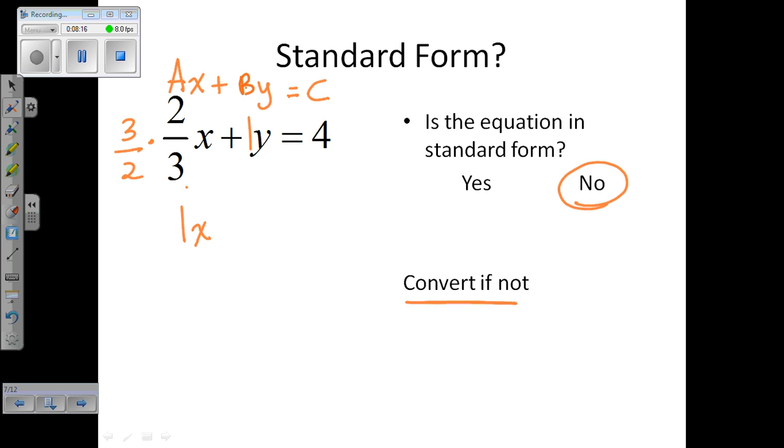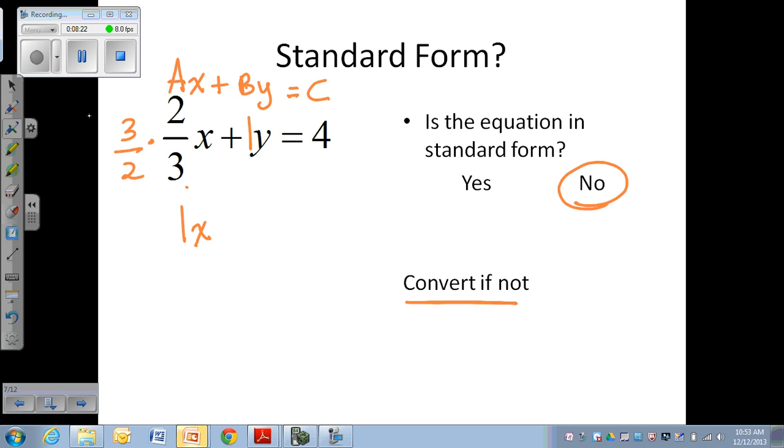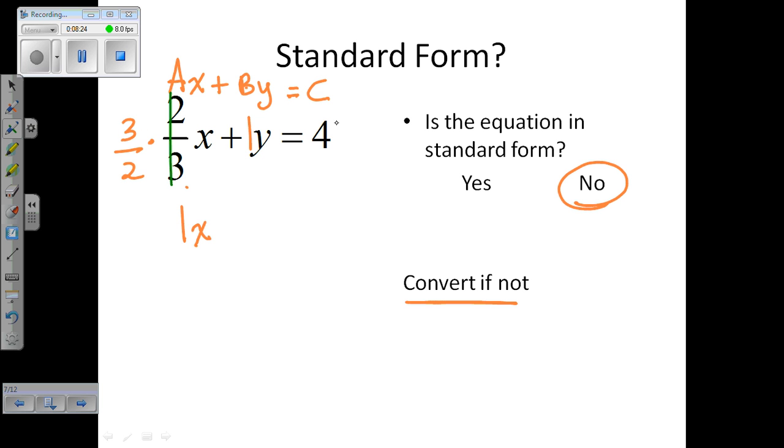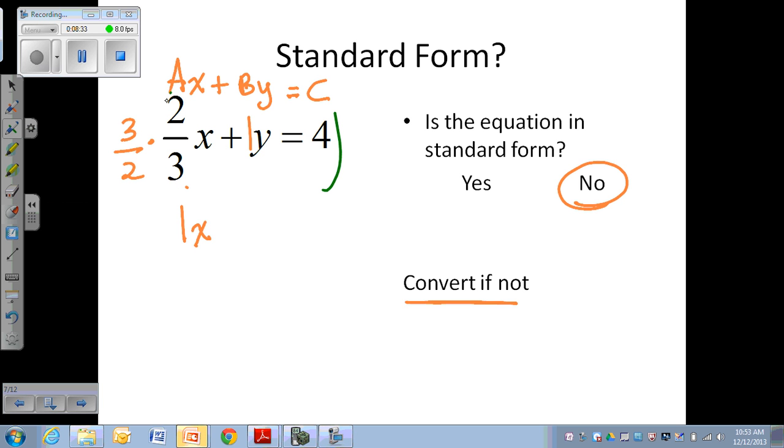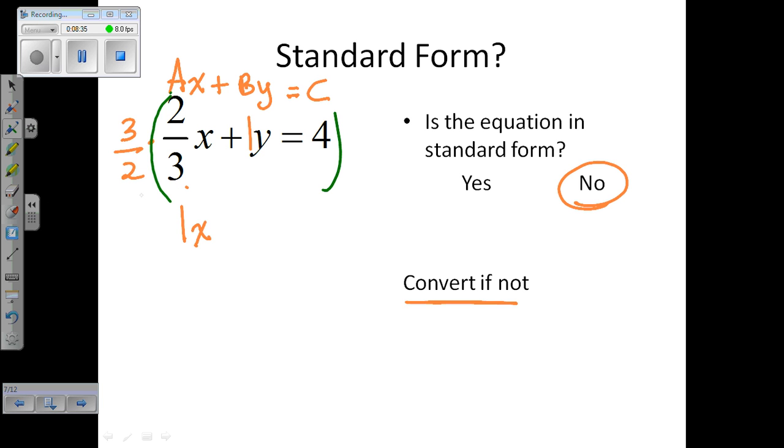The problem is, as you might recall from when we were solving equations, if I multiply one thing in the equation by 3/2, I have to multiply the entire equation by 3/2. And if I multiply the entire equation by 3/2, then I have a problem because I'm going to actually make the coefficient in front of y into a fraction. It would be 3/2 y. And so I didn't solve the problem by doing that.